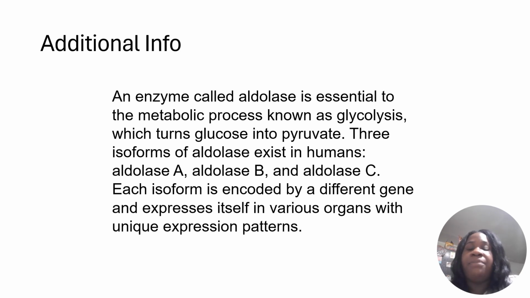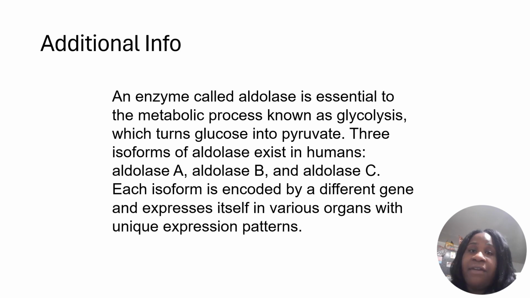You have the expression pattern. Expression of aldolase A is highest in tissues with high metabolic demands, such as your skeletal muscle. Your skeletal muscle is where it is very important and essential for energy production.